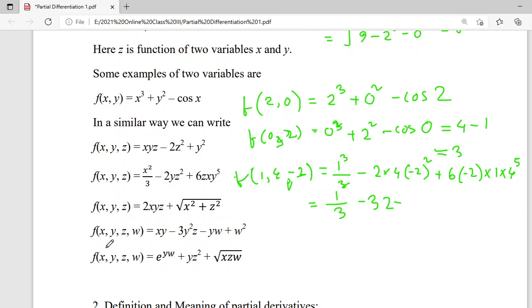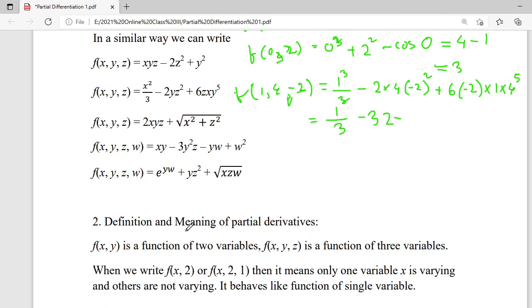In a similar way, here we have a function of 4 variables x, y, z, w. All are independent variables here, and that value we can write as t also. So this t is equal to this. So this t will be the dependent variable.